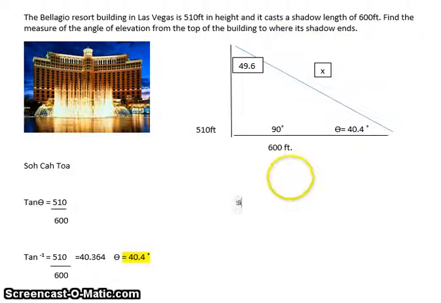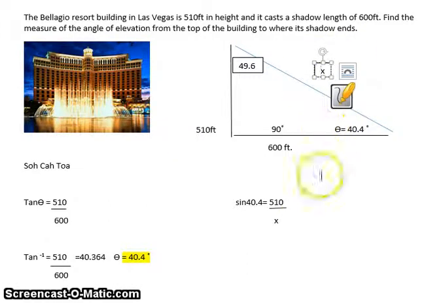So you would do sine of 40.4 equals your opposite side, which is 510 over x, which is your hypotenuse for sine.